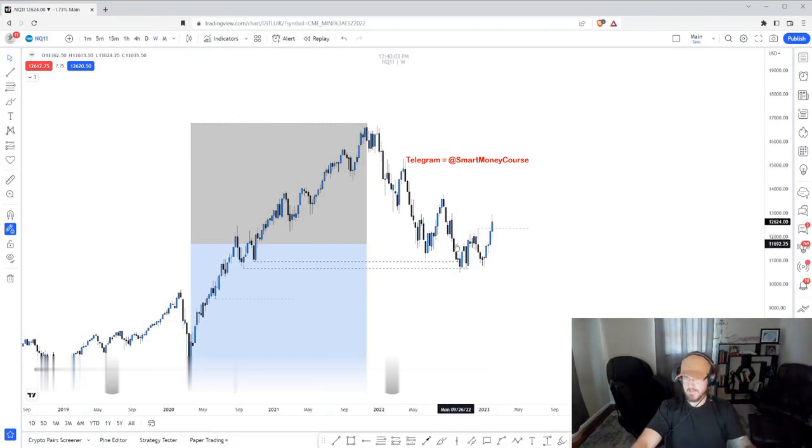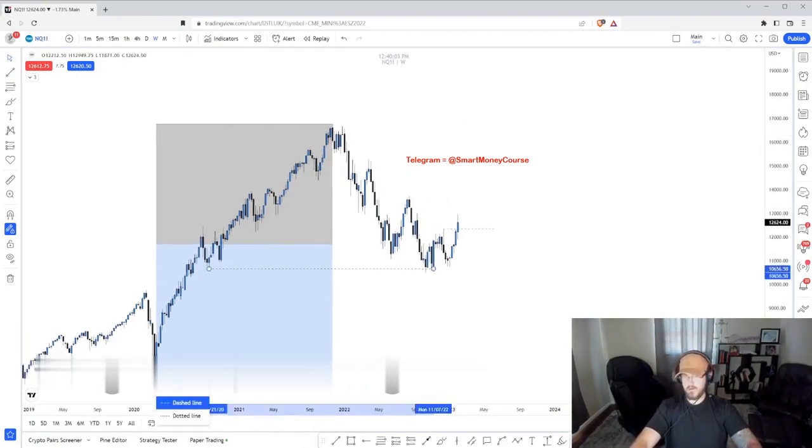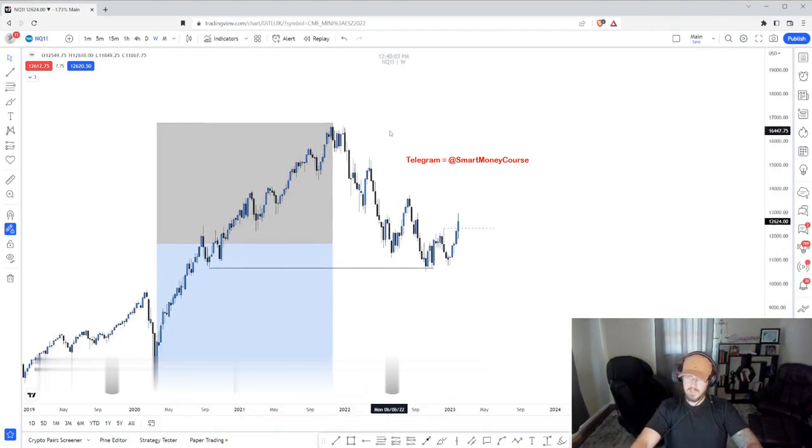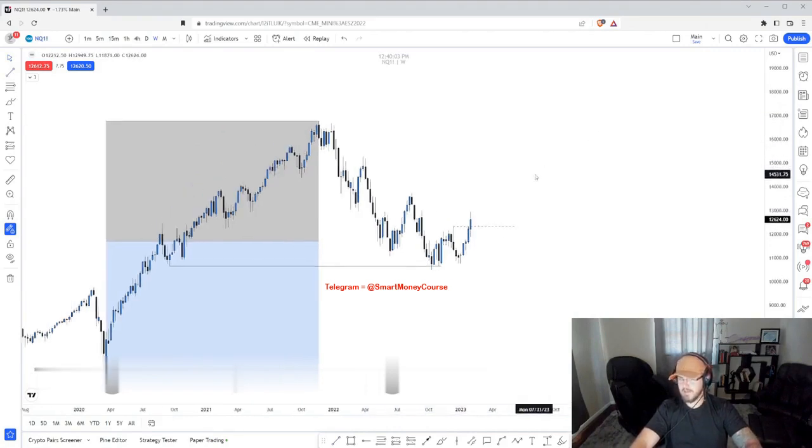I'm not going to be that guy who's telling you the stock market's going to do that, but I'm just using this as an example because there are a lot of macro factors. But does this tell me that we're bullish overall right now? Yeah, absolutely. But as a day trader, we don't need to target fucking all-time highs on NASDAQ or say anything like that, but we need to look for liquidity above.